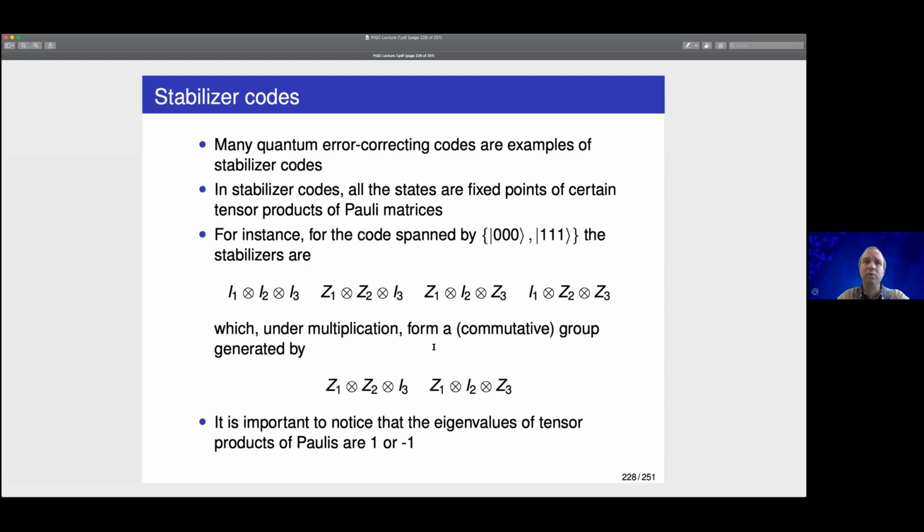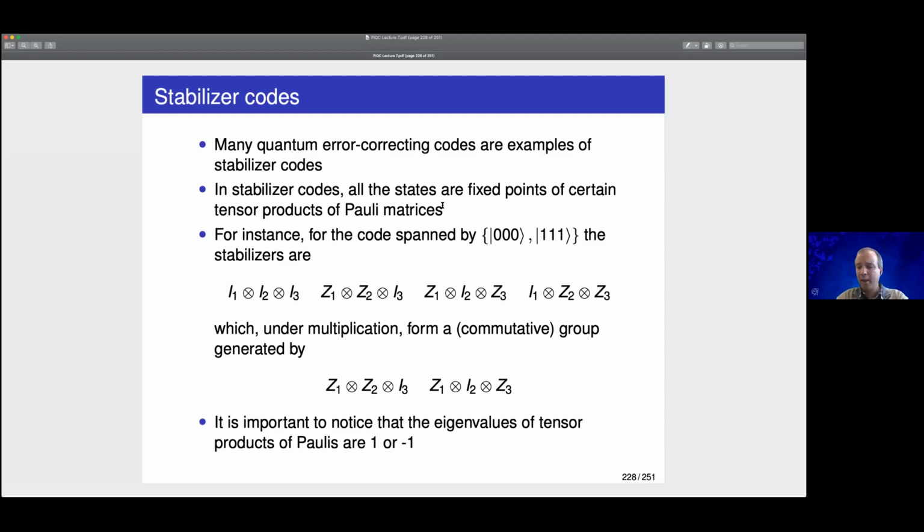I'm not going to give you the details because I think it's more advanced than the prerequisites that we said this course was going to have. It's above the linear algebra prerequisite, but I want to give you at least an idea of what you can do in order to study more general quantum codes.